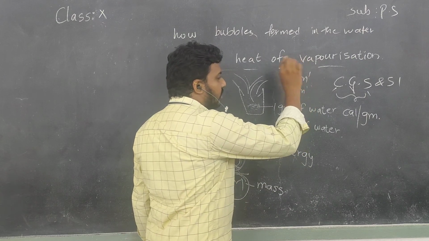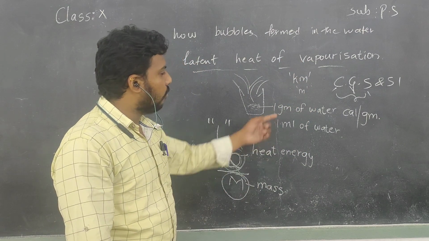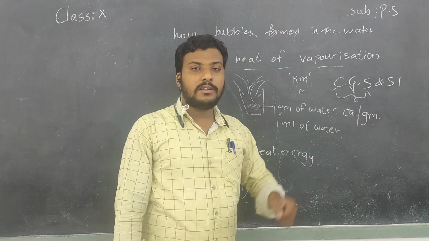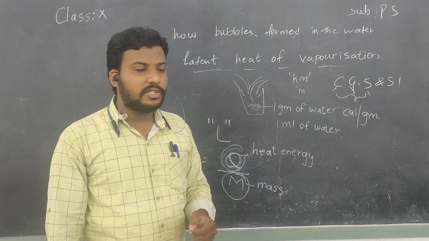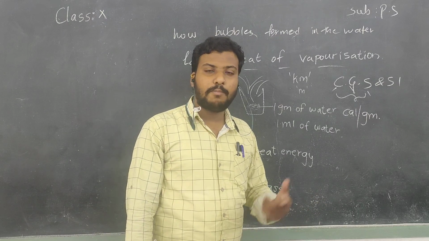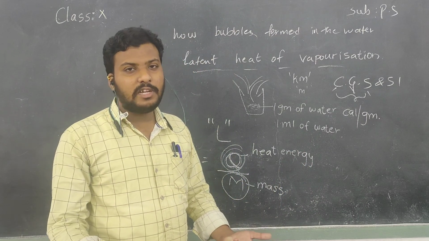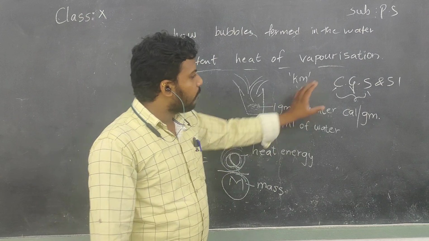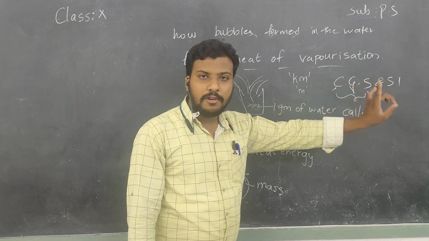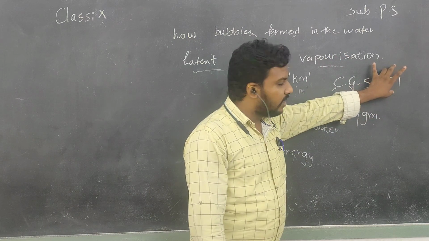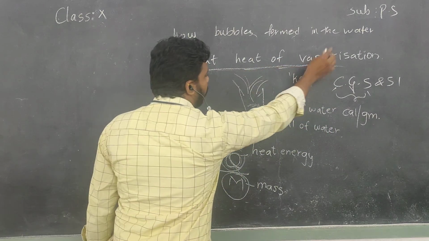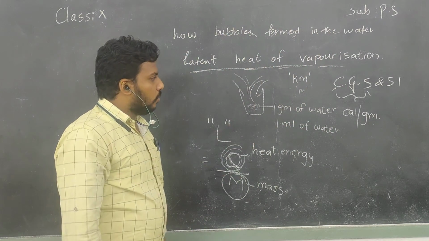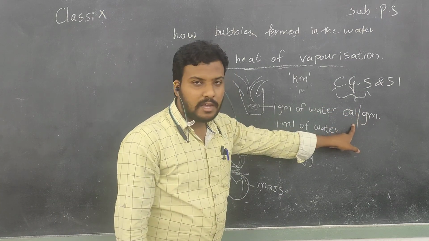So all lengths are measured in meters, kilometers and centimeters like this. All masses are measured in grams, kilograms, pounds. Time is always measured in seconds. So the CGS unit is one kind of measurement unit used to measure the latent heat of vaporization. In CGS, we have said calories per gram.